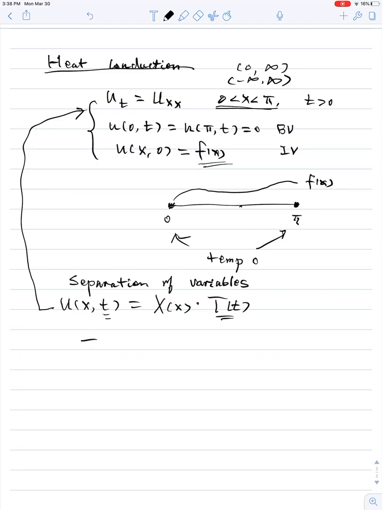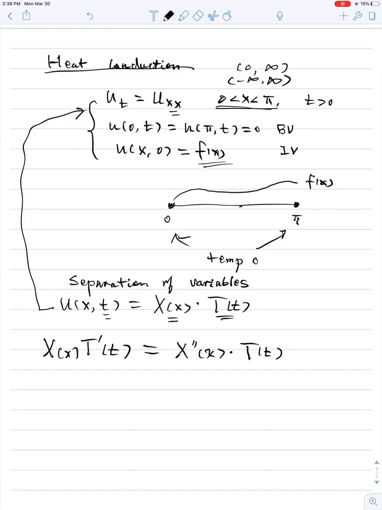So on the left hand side we have T'(t) times X(x). On the right hand side, we find the partial derivative with respect to x, which means we involve only this term, so we have X''(x) T(t).